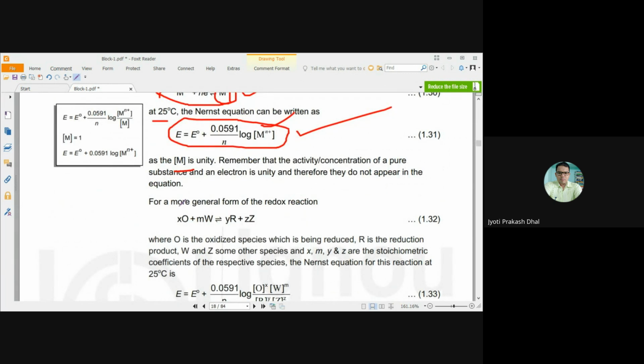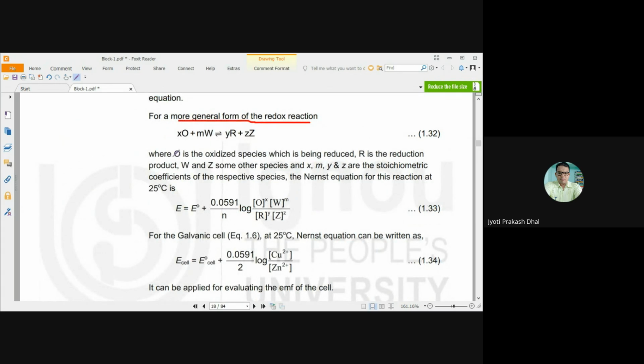And similarly, for a general form of the redox reaction, suppose the redox reaction is like this: xO plus mW is in equilibrium with yR plus zZ, where capital O is the oxidized species which is being reduced, capital R is the reduction product, and capital W, capital Z are some other species.